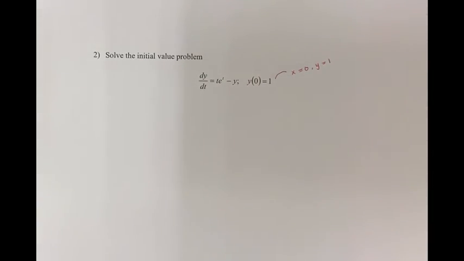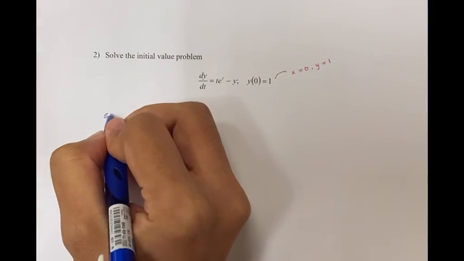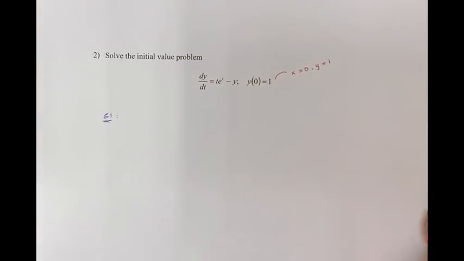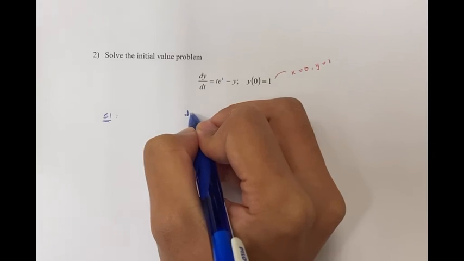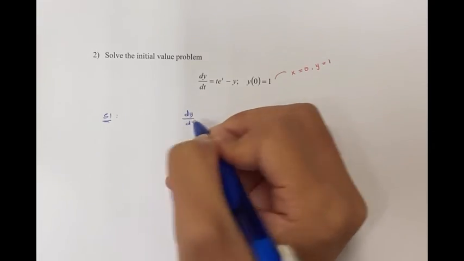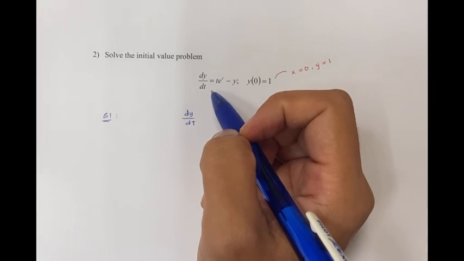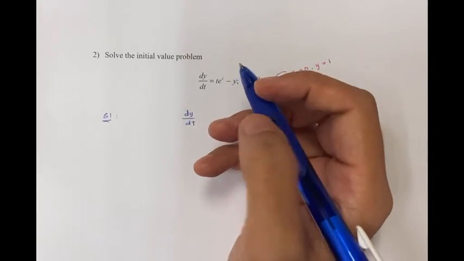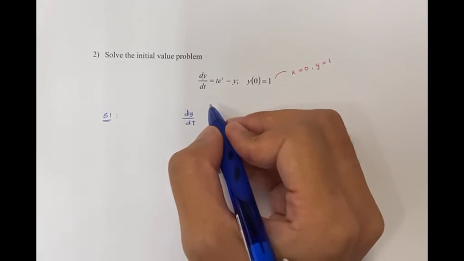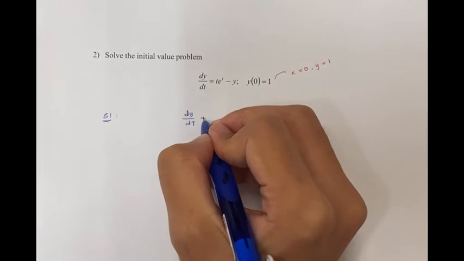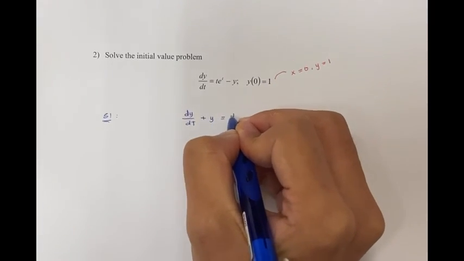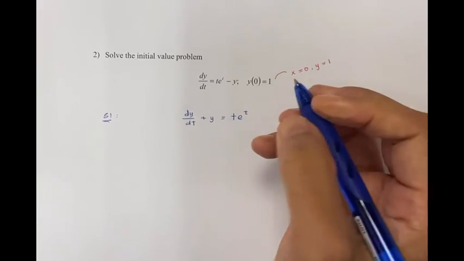Okay, so start with the first step. dy over dt. So your independent variable now is t. It's not x anymore. So you will have P(t) and Q(t). So dy over dt plus y equal to t e^t.